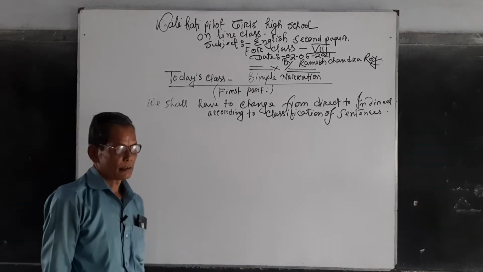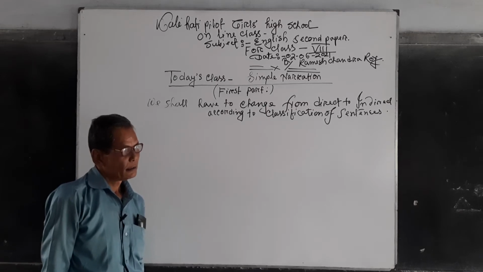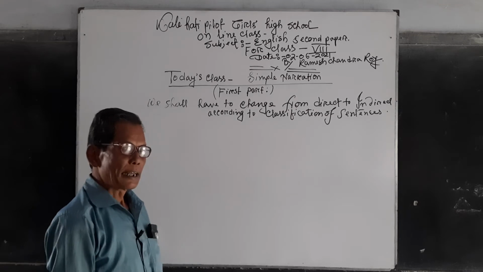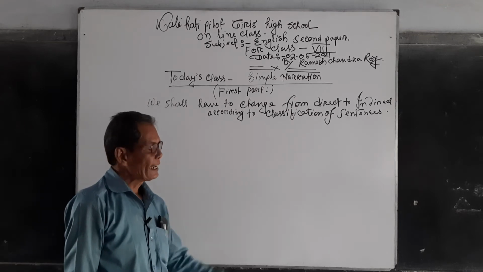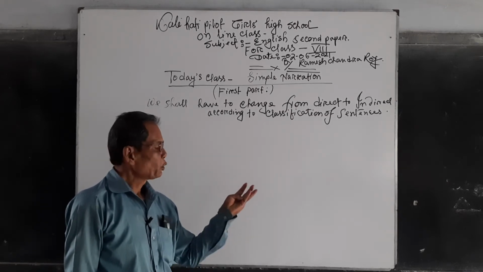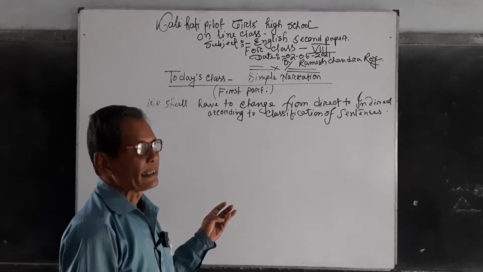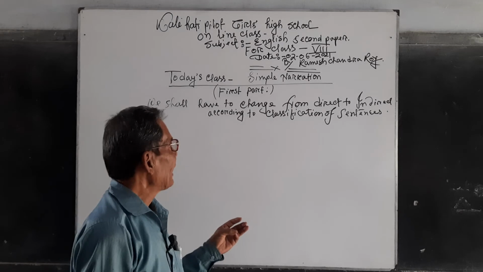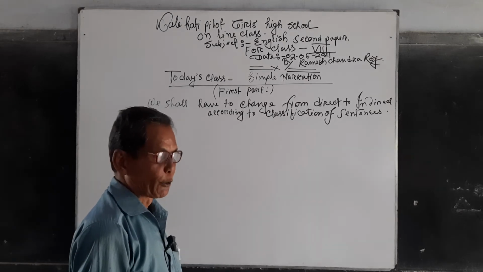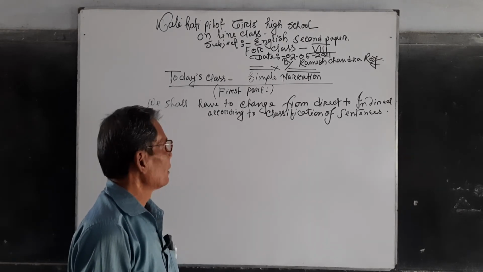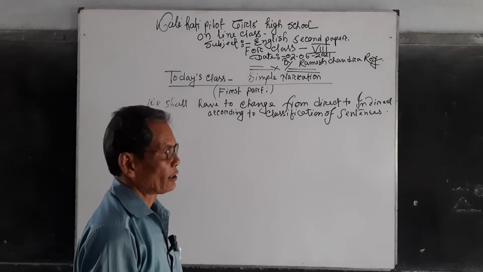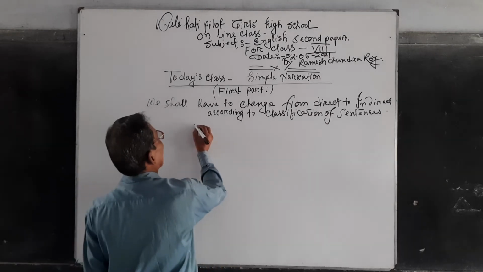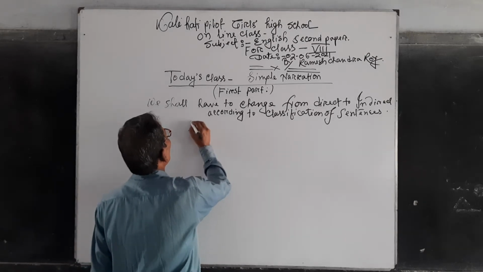You know that there are 5 kinds of sentence. Number 1, assertive; 2, interrogative; 3, imperative; 4, optative; and 5, exclamatory. At first today, I shall discuss assertive sentences and assertive narration.